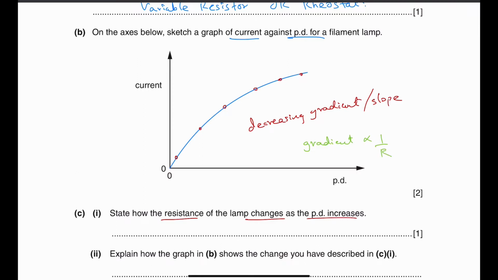So if the gradient of the graph is decreasing, then I can clearly see that the resistance of the lamp must be increasing. So I will say resistance increases as potential difference increases.